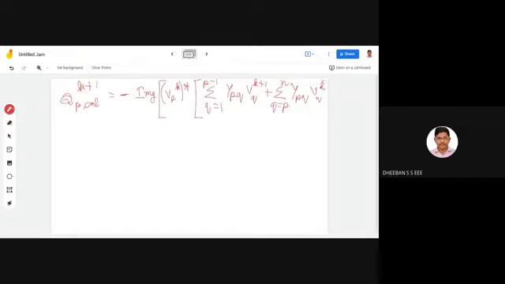You have to consider only the imaginary part, as it is for the reactive power.